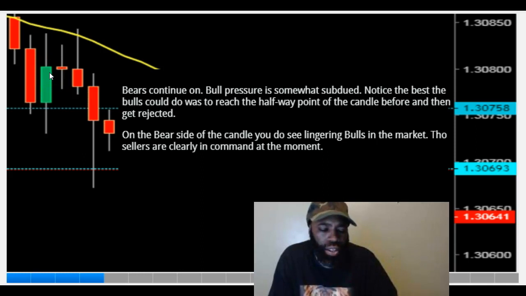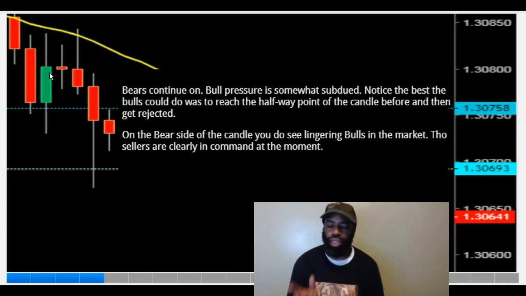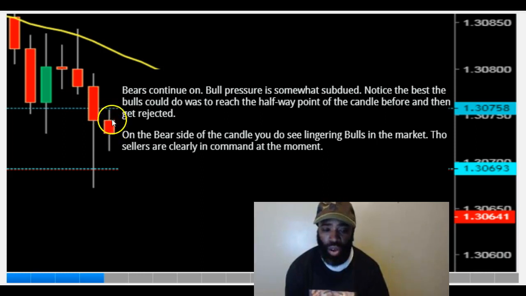They would be getting a little nervous, and when they get nervous, they're going to get out of the market. So what they have to do is sell, right? And right here we see some selling going on, right? So the bears, the selling is continuing on.